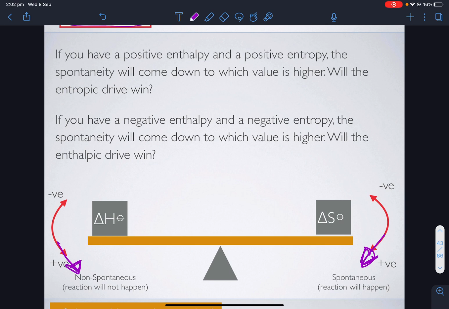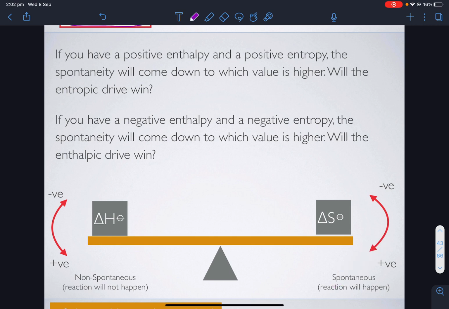Will it be strong enough on this side to overcome the push down that side? Can we make delta S so big that it overcomes the enthalpy push back down? Let's erase that first on my scribbles.